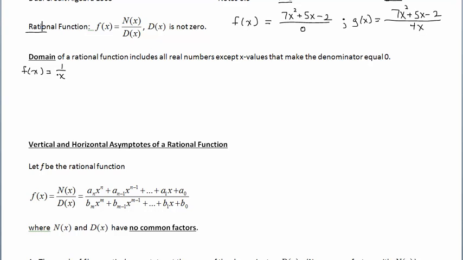Think the reciprocal function. Well, if x is ever 0, it can be anything but 0, but if it is 0, you're dividing by 0, so 0 cannot be part of the domain.